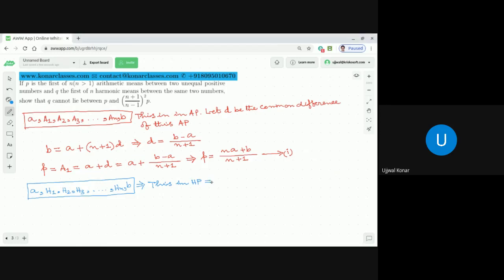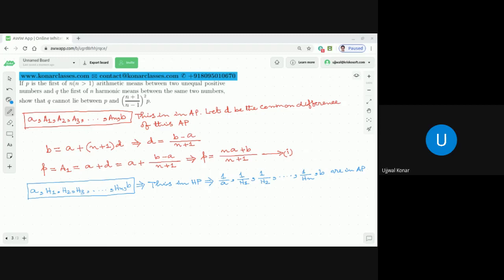That implies 1 by A, 1 by H1, 1 by H2, in that way 1 by Hn, 1 by B are in arithmetic progression. Correct or not, dear students?